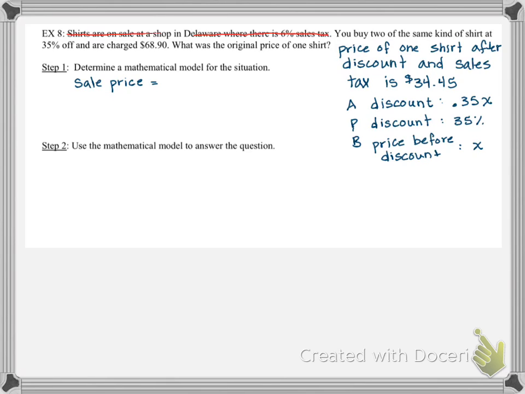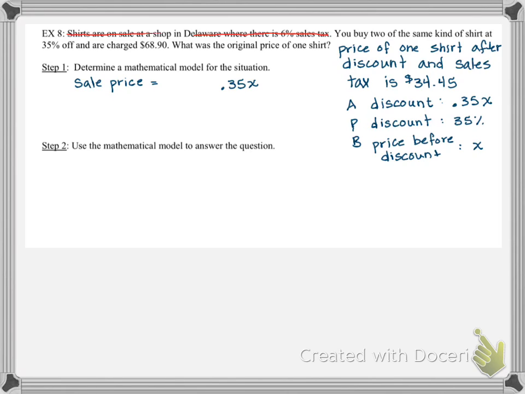So you would multiply the percent discount by the original price. So in this case, that's 0.35x. Is that the sales price? Yes. Couldn't you take that away from 1 and multiply the number times that to get the price? Yes, that's exactly right.